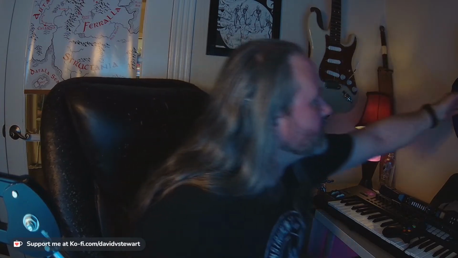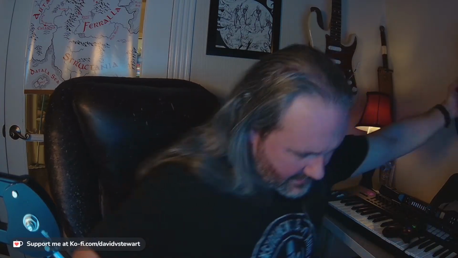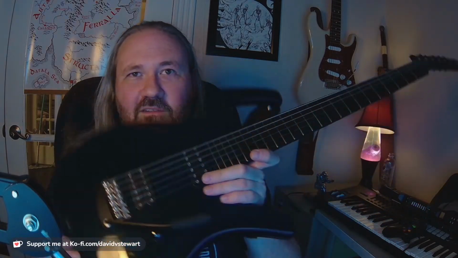This is like the ultimate guitar. I have to stand up to get it because I don't want to break it. The Parker Fly. The Parker Fly. This guitar is something else. This is like the best guitar.